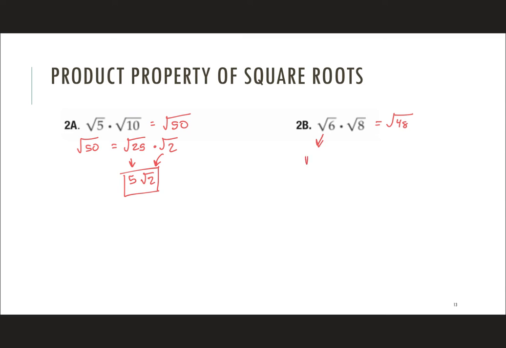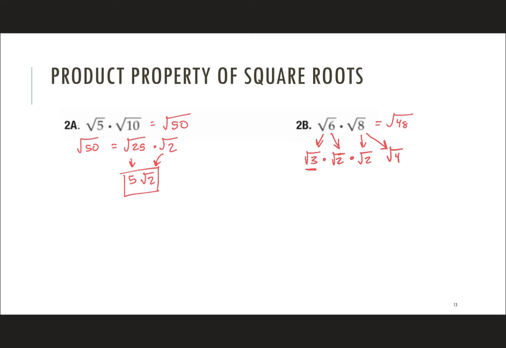So 6 will break up into the square root of 3 times the square root of 2. And 8 breaks up into the square root of 2 and the square root of 4. All right, so now I'm going to go through my options. Square root of 3, it's stuck.